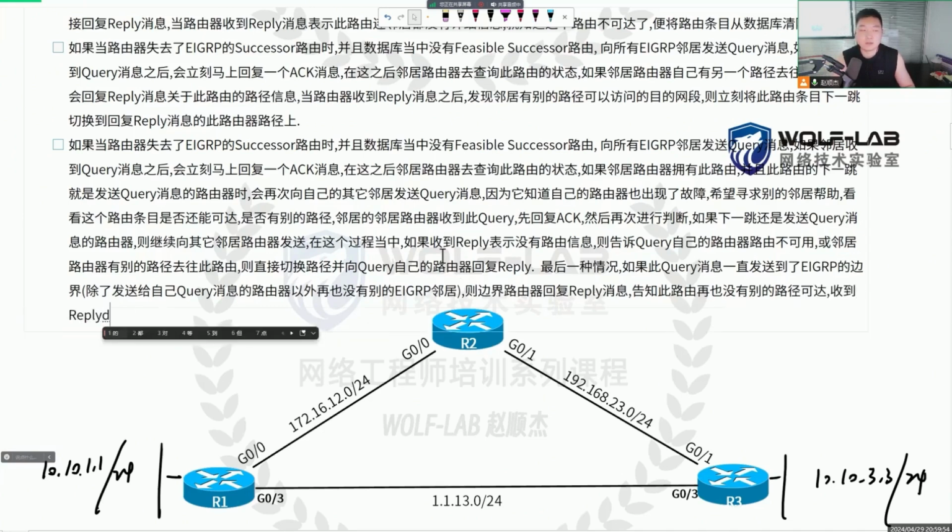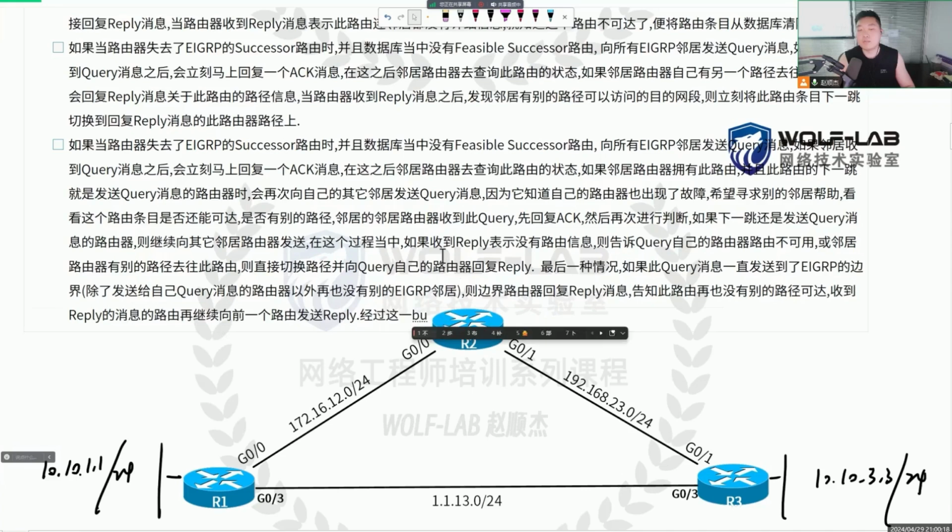So this is the third case of our EIGRP query mechanism. This third case is more complex, because the next hop of our routing entry is the router that sends us the query request. After this third case, we discovered the true unavailability of the routing entry. Then delete it. Classmates, these are the three cases of our query mechanism.